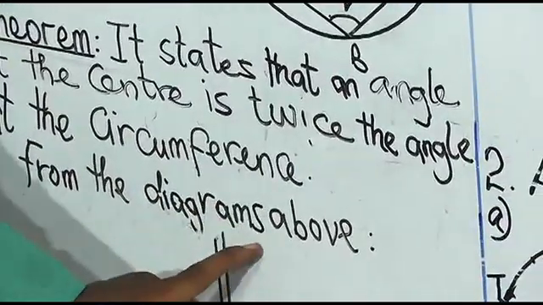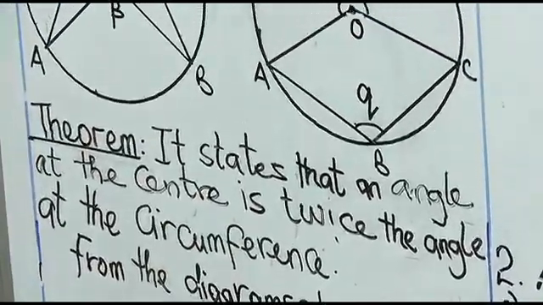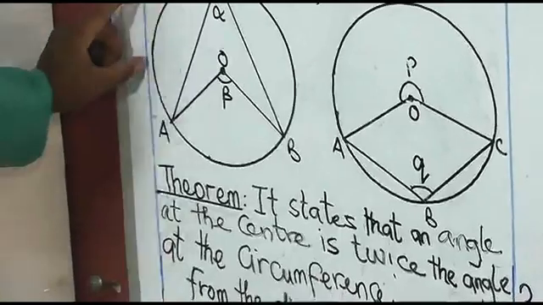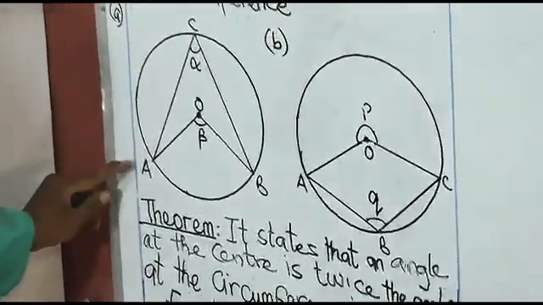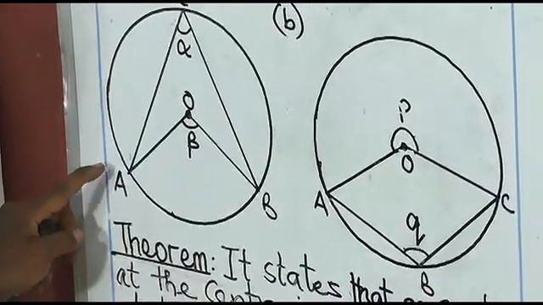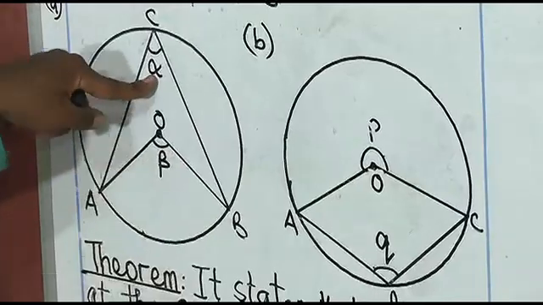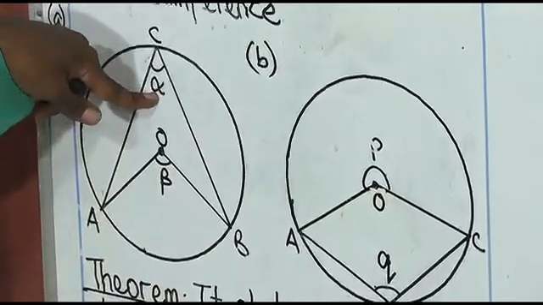From the diagrams above, we want to illustrate this theorem. Looking at the diagram, we have angle ACB, which is denoted by alpha as the angle at the circumference.